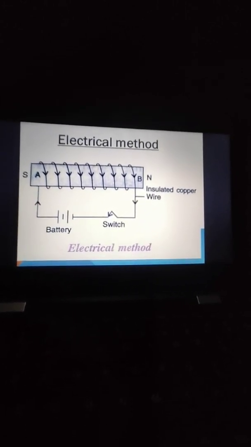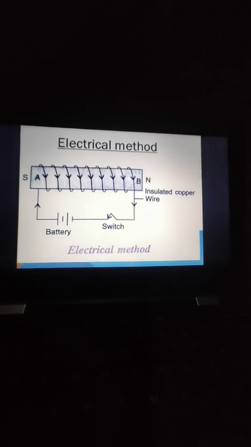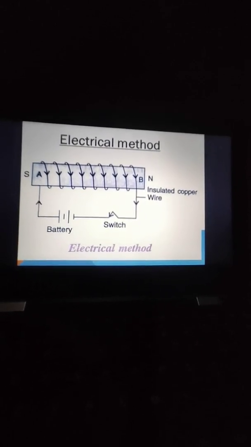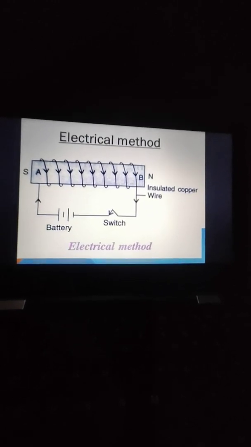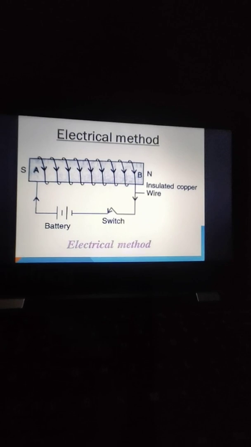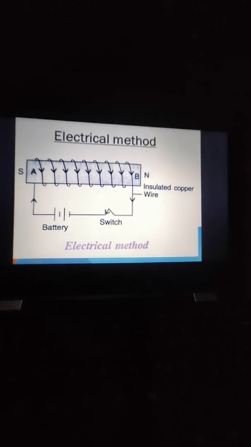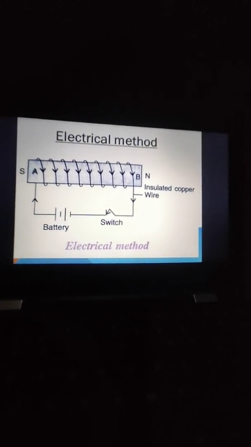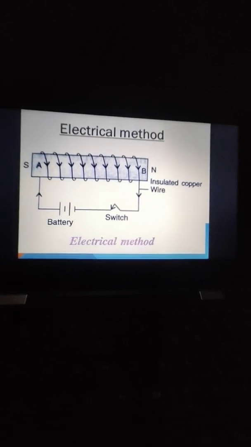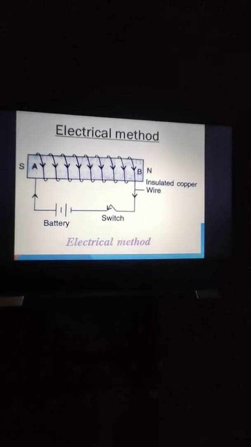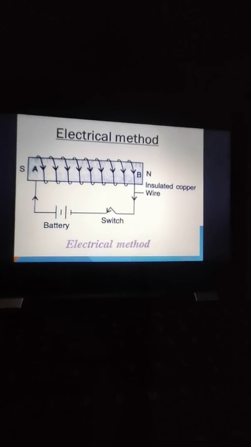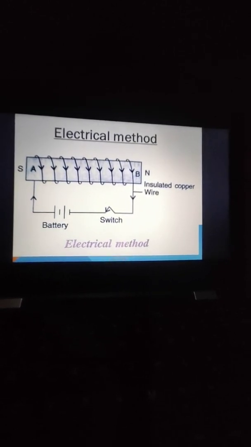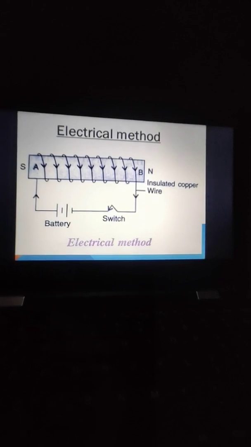The end A of the bar, where the current is entering in the clockwise direction, will acquire south polarity. That is, the end A as given in your figure will become the south pole, and the end B, where the current is leaving, will become the north pole.